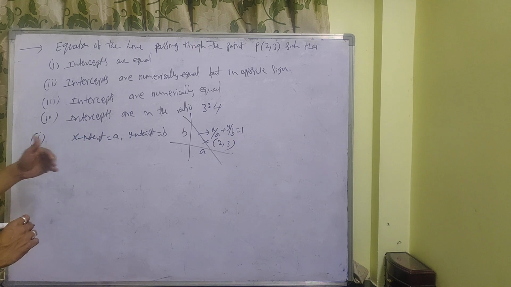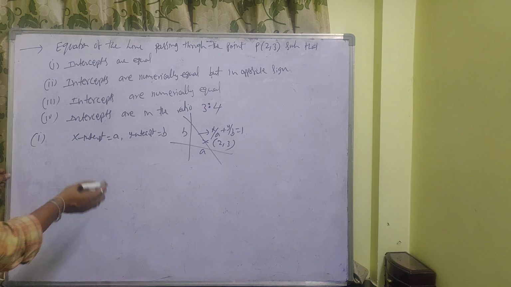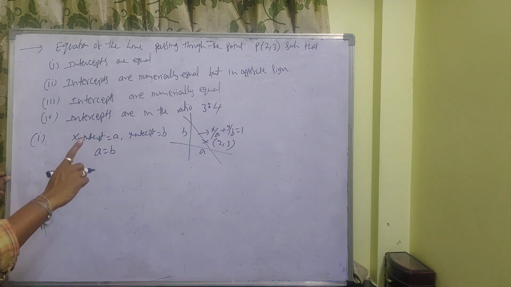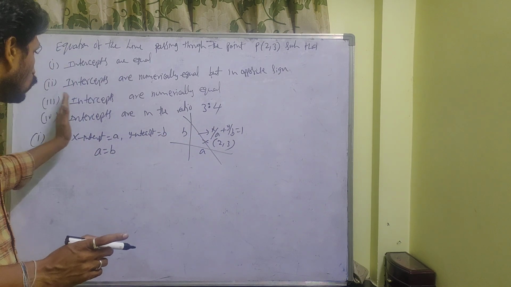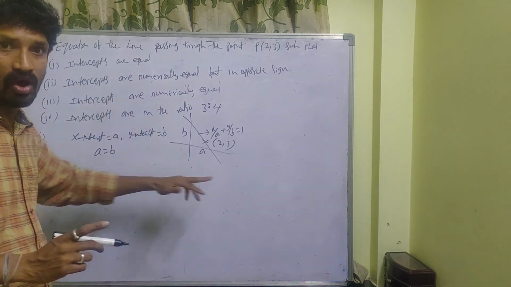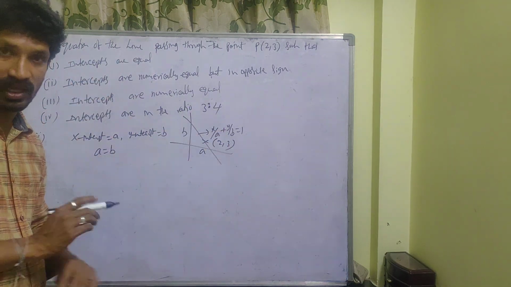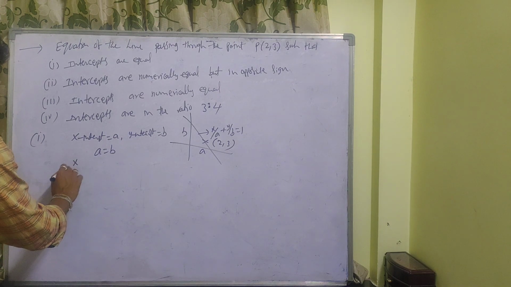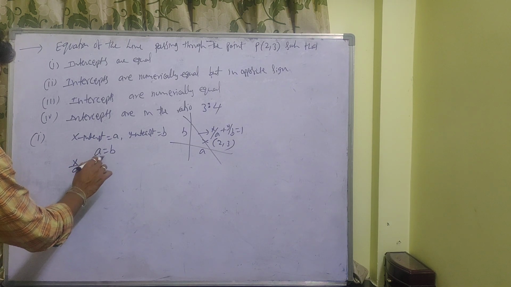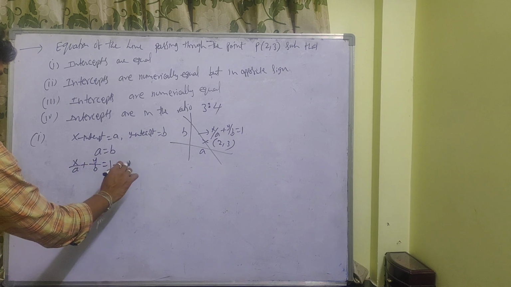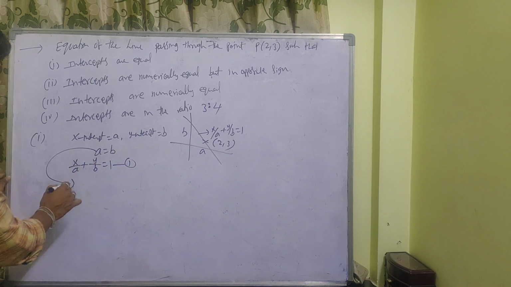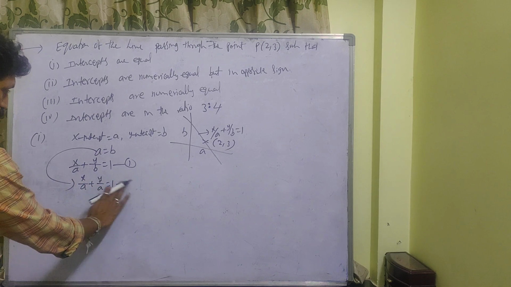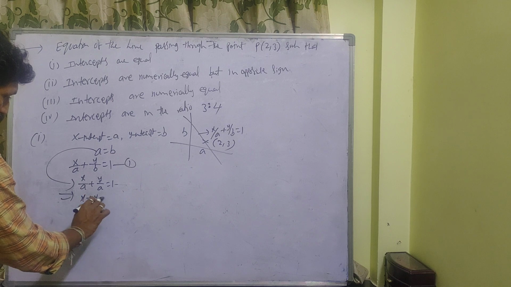If both intercepts are equal, then A is equal to B. Generally, if they ask the question in terms of intercepts, you should always take the equation in this form only: x by A plus y by B is equal to 1. That is our required equation. So A is equal to B means x by A plus y by A is equal to 1, that means x plus y is equal to A.